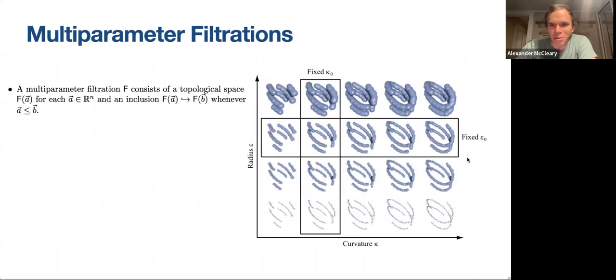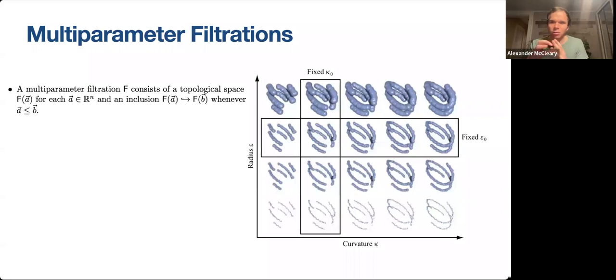Okay, so let's look at a multi-parameter filtration. Here on the right is an example of a multi-parameter filtration. This is a 2-parameter filtration. What we're looking at here is a filtration of a data set where on the y-axis we're filtering by radius.